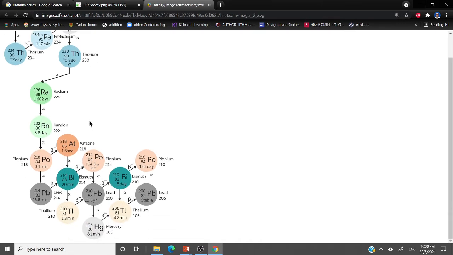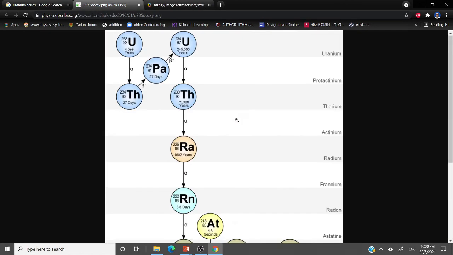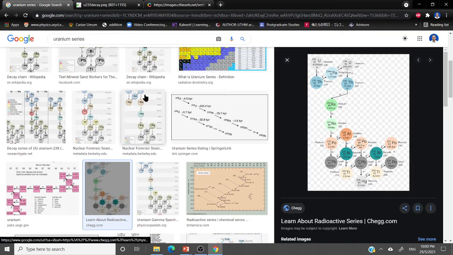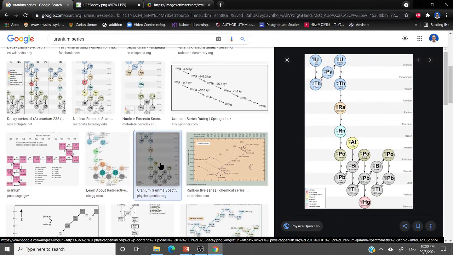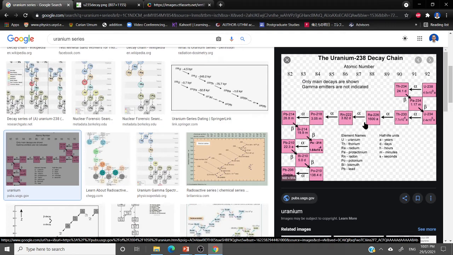So this is one figure. If you look at other figures, the representation will be different, so be careful with what you see. For example, in this one the style is different. If you go to the right, in the horizontal direction, the atomic number is increasing.